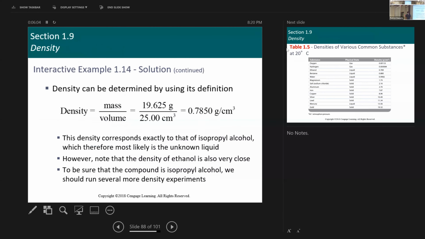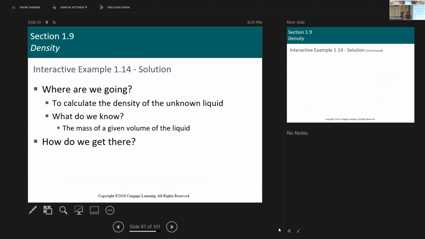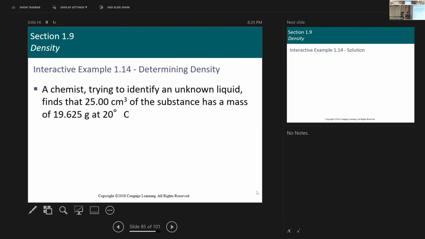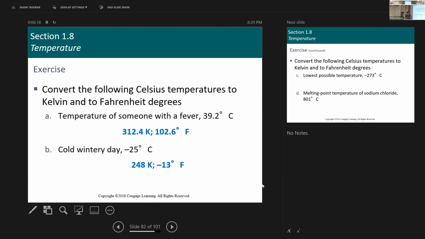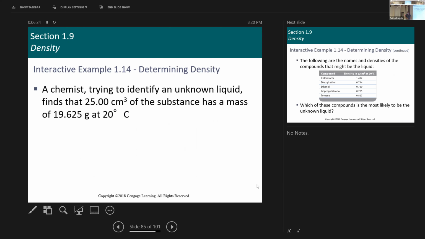Okay, well, density is an intrinsic property because it doesn't matter how much of the substance you have, the density of it is still the same.